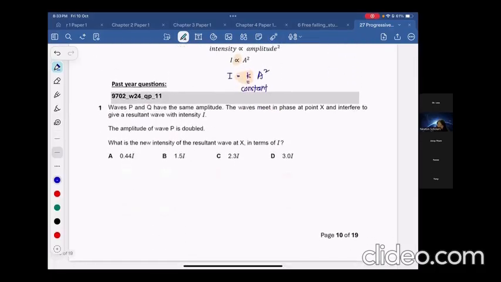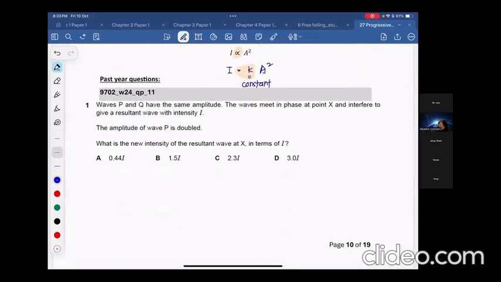Okay, we look at this. We have two waves, P and Q, having the same amplitude. The waves meet in phase at point X. So initially I have two waves. One is called P, with amplitude, let's say, A. Then another, Q, also amplitude A. At a certain moment they meet up somewhere here.